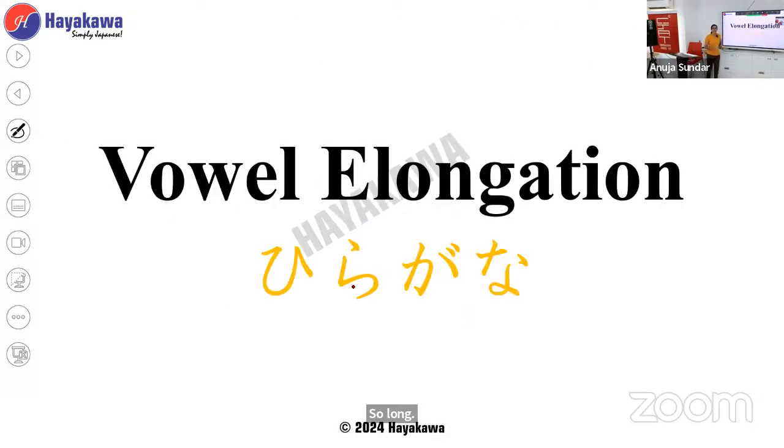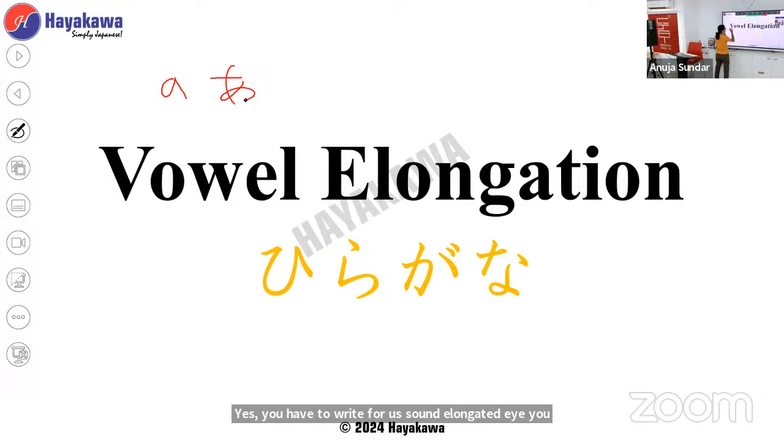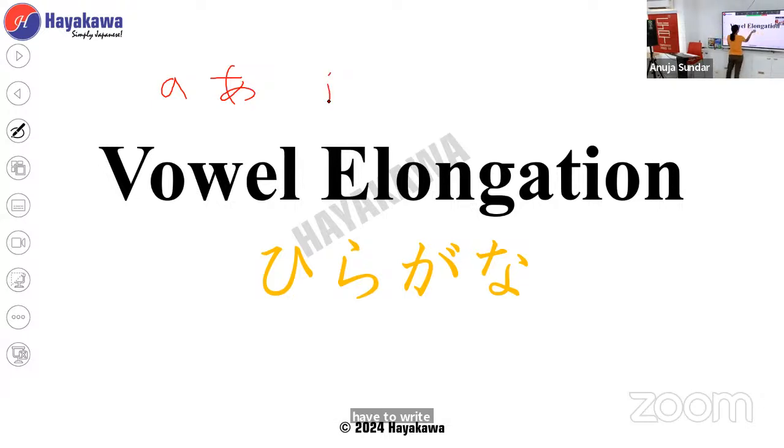How about hiragana? What's the rule? Yes, for an elongated a sound, you have to write hiragana a. For the e sound, hiragana i. U sound, hiragana u.